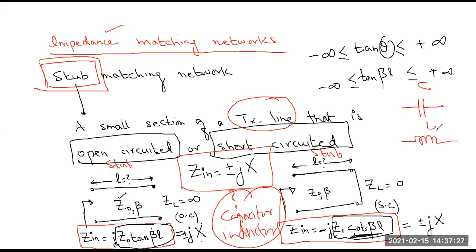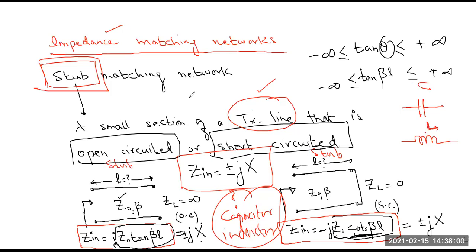These are actual capacitors and inductors that you can buy from any electronic shop, but these are used in normal circumstances at low frequencies. But now we know that even a transmission line we can use as a capacitor or inductor, based on this whole discussion. And this is what we are going to be using in a stub matching network.